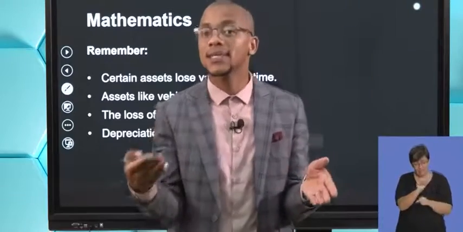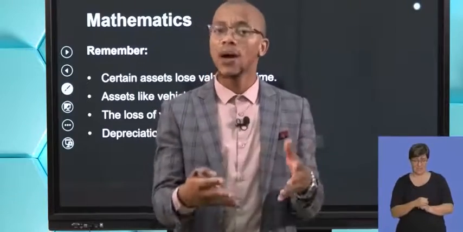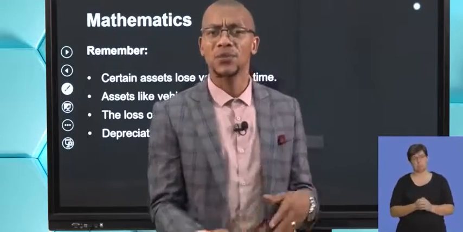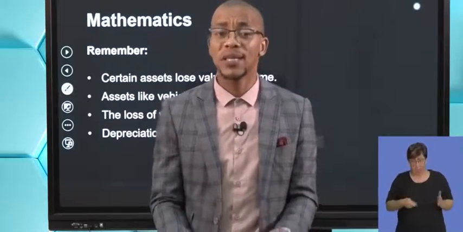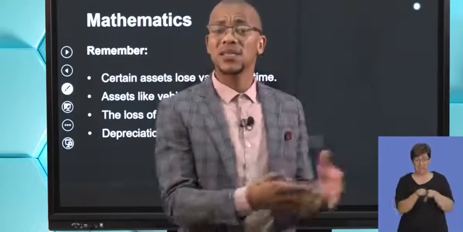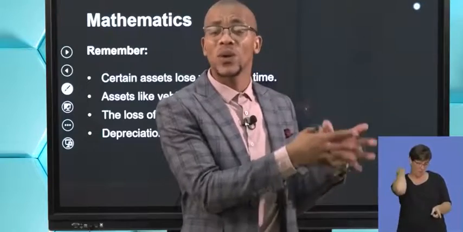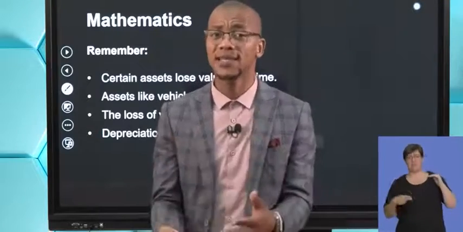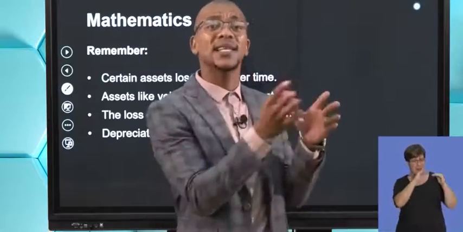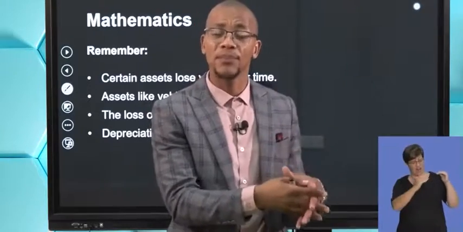It influences the price. So if I look at a car from 2001 and I want to buy it at this present moment, definitely it will not be the same as it was in 2001 when I was buying the car. It will be way less than that. Why? Because it is a very long period after that.